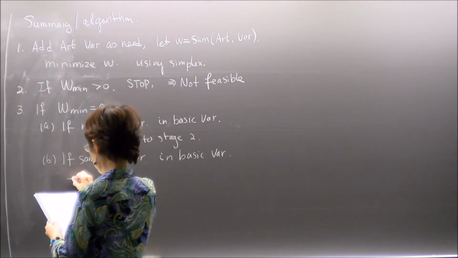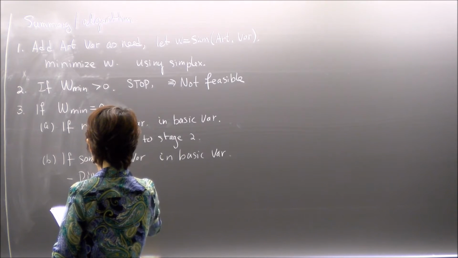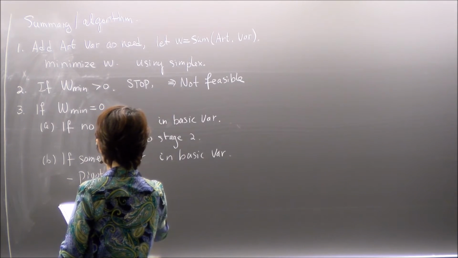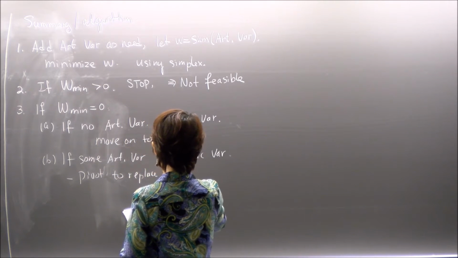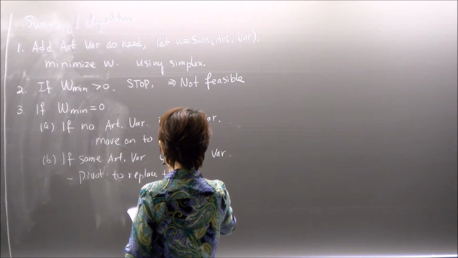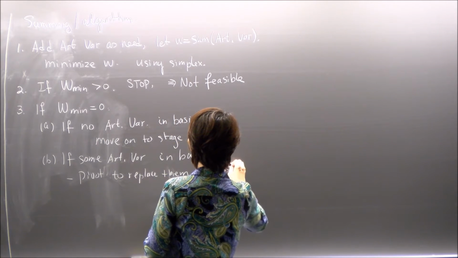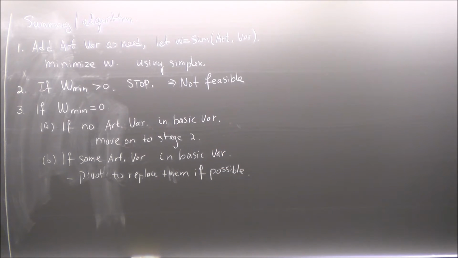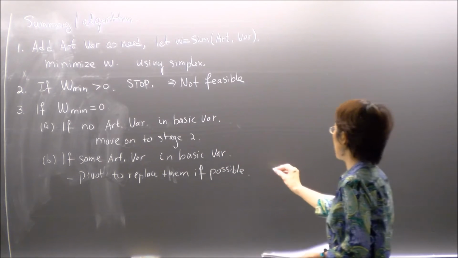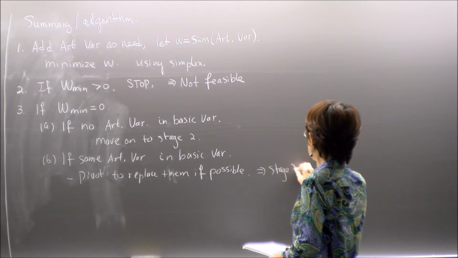Okay, so pivot to replace them, if possible, with this process that we talked about. Okay, and if you completed all of them, then it's still okay. You finished everything, and you can move on to stage 2.